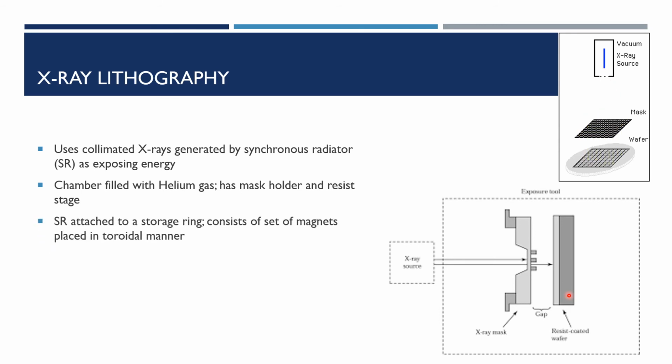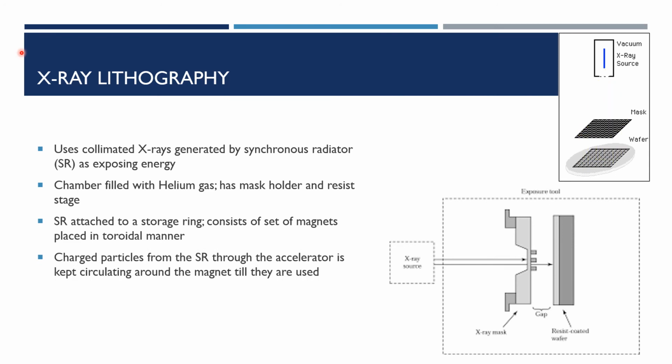The synchrotron radiator, which is the X-ray source, will be attached to a storage ring. Now this storage ring will be in a toroidal shape, that is a three-dimensional ring shape, and it has a set of magnets placed on it.